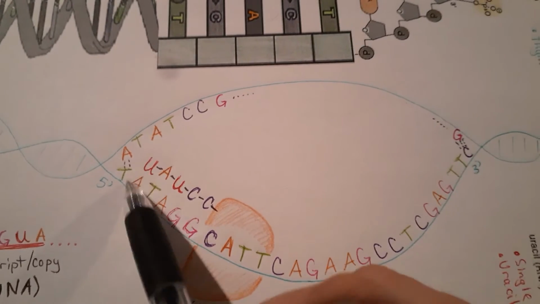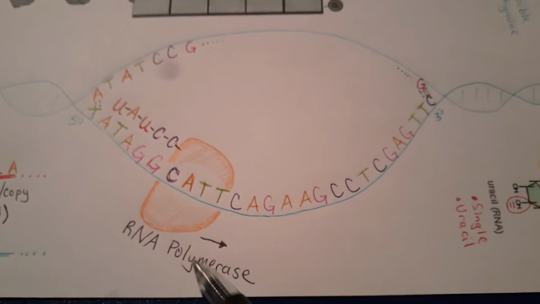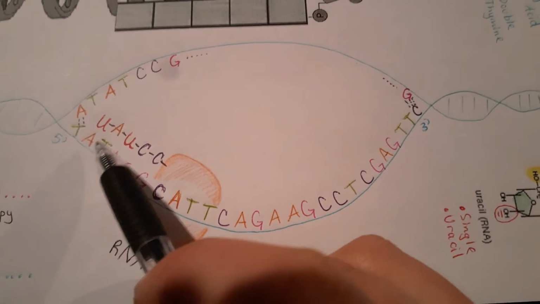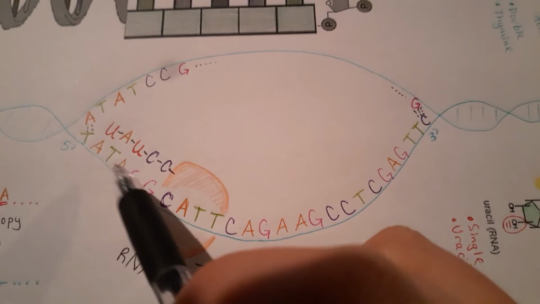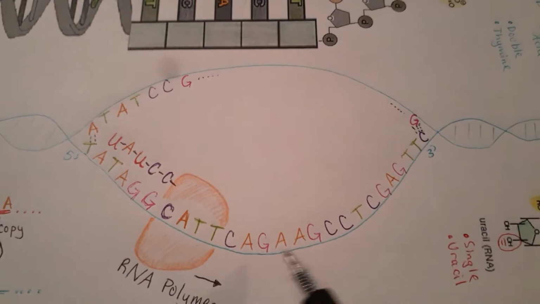But essentially, at the beginning of the gene, there's a promoter region, and that is going to signal an enzyme called RNA polymerase to attach to the specific region of DNA and start transcribing a copy of this gene.